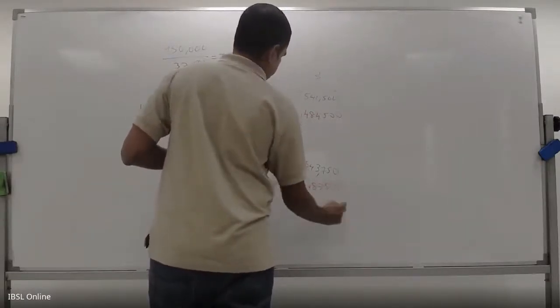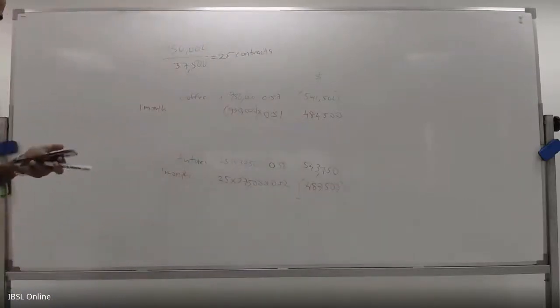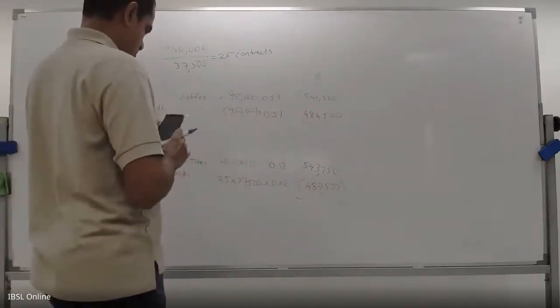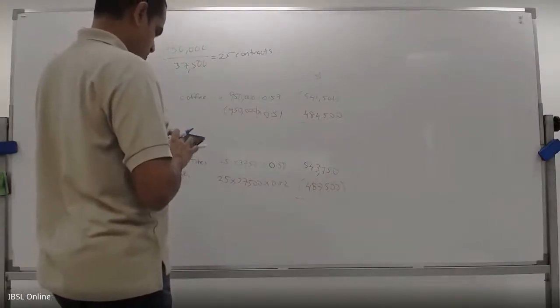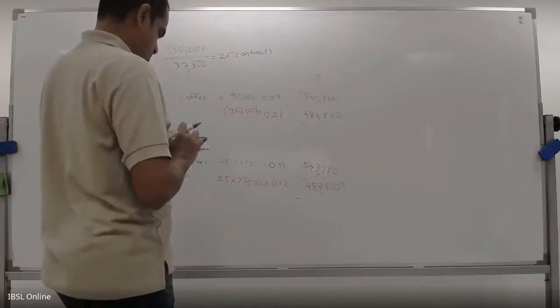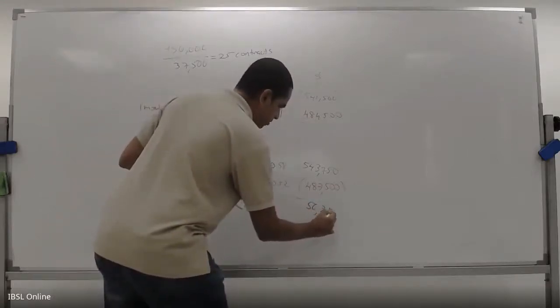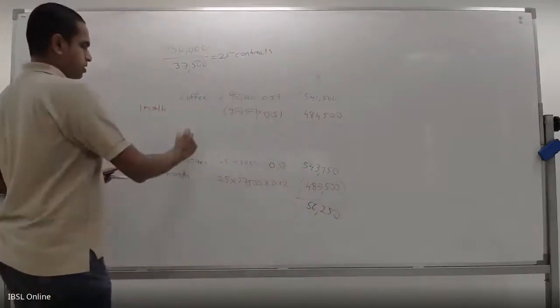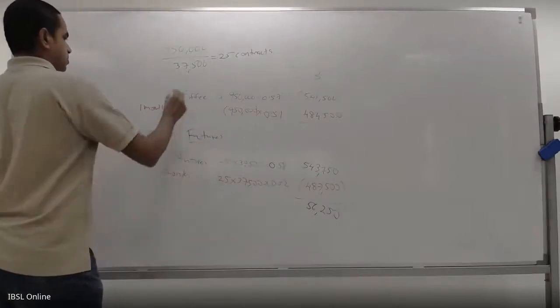So if you take the net position, there will be plus 56,250 on futures, right? This is futures and the inventory.